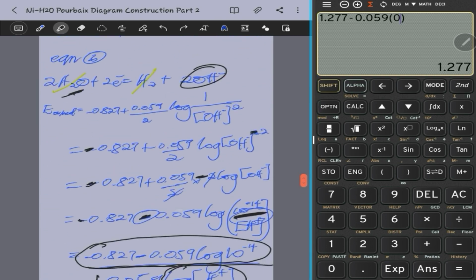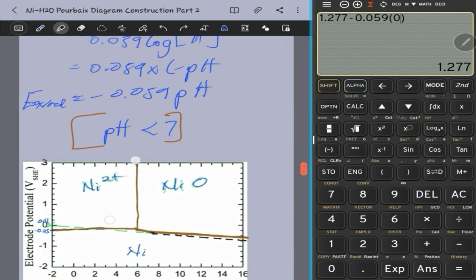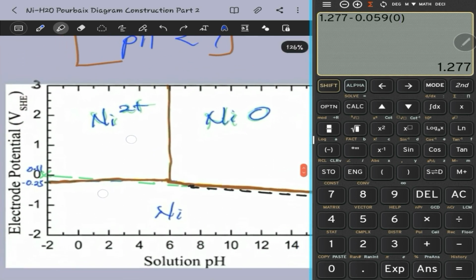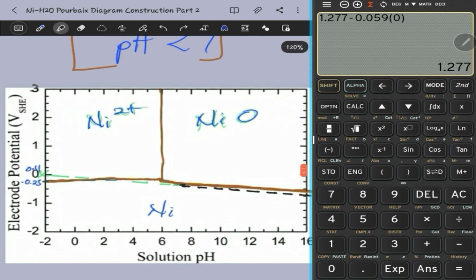Well, let's find that on the diagram. Every small dot is 0.25, so you have one here, you have one, this is 1.25. So approximately it's just a bit above it, so it can be about here.